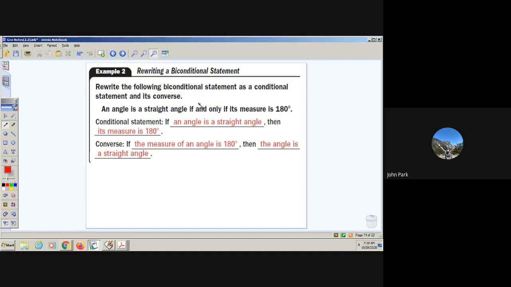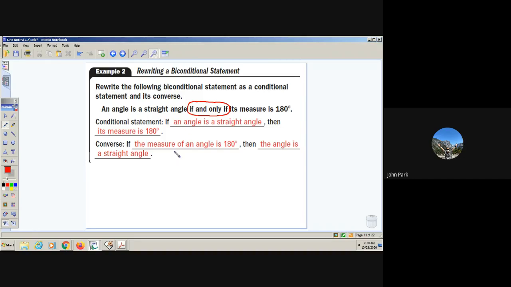So a biconditional statement has the phrase if and only if, and you can separate that into two separate statements, the conditional statement and the converse of that statement. And you have to determine if both of these statements are true. If both are true, then that's what makes the biconditional statement true.